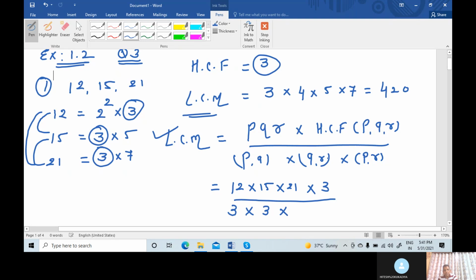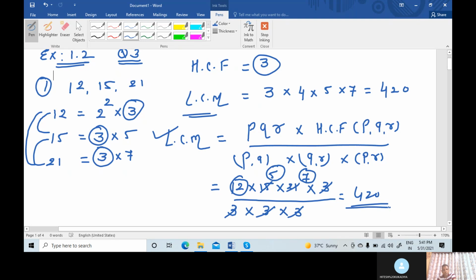And PR, 12 and 21: again 3. Now cut the 3s. 3 sevens are 21 and 3 fives are 15. Multiply these three numbers: 12 fives are 60, 60 sevens are 420. Look here. Is that clear?